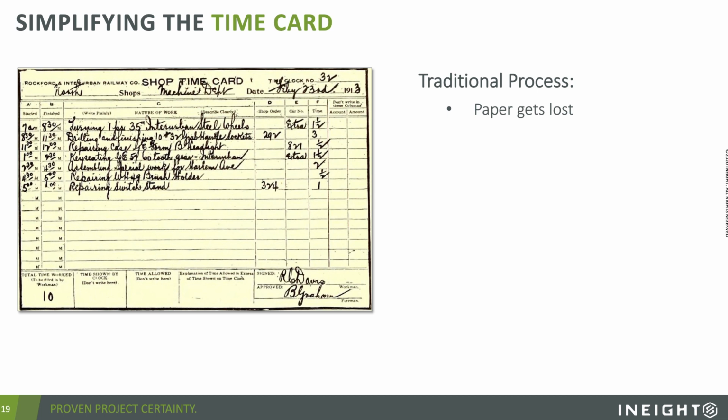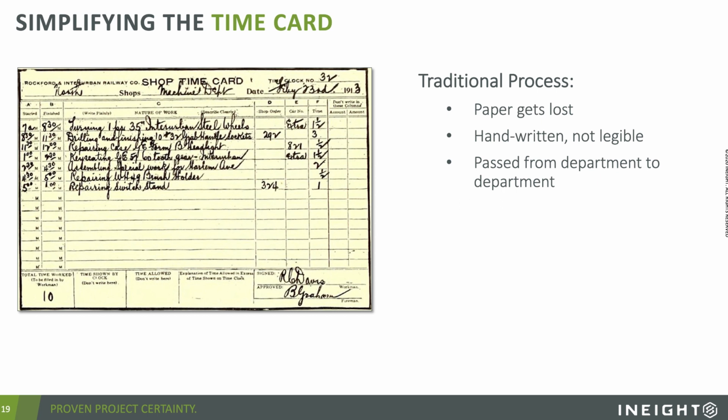Well, first off, it tends to get lost. The time card had a problem keeping up with all the departments it had to get passed to. And then, of course, there's whether or not it's legible. A foreman out in the field trying to write on their leg or on somebody's back as they're filling out this time card makes it a little bit harder to read.